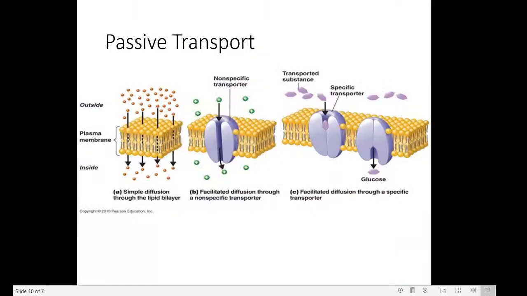This is another pictorial representation of passive transport. Passive transport means the transfer of the lipid from the outer membrane to the inner membrane. Then non-specific transporters, through which active transport can be facilitated. These are a normal kind of protein. These proteins accept the molecule, receive it, and release it into the cytoplasm. Then facilitated diffusion through a specific receptor.